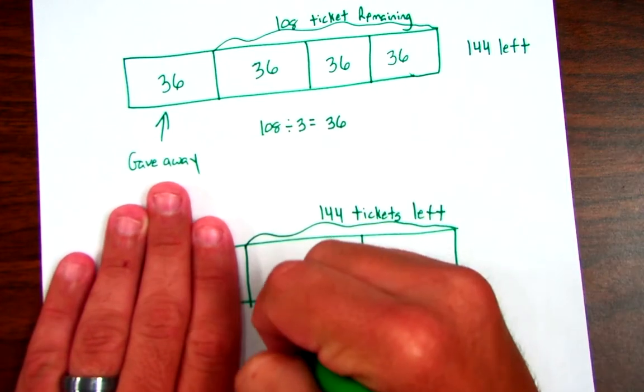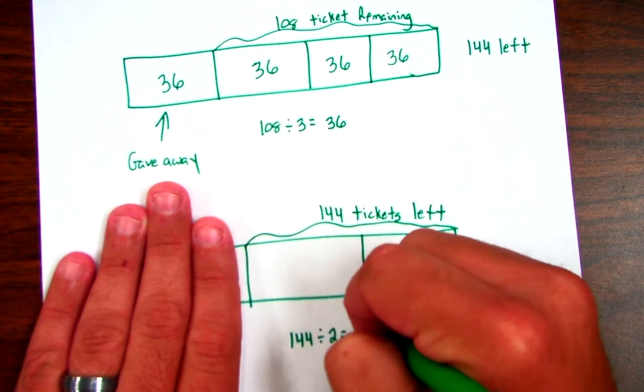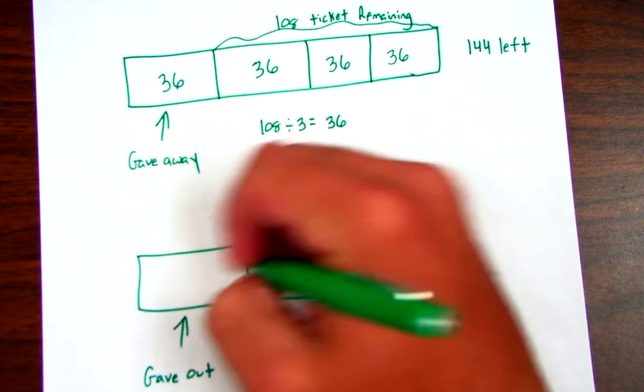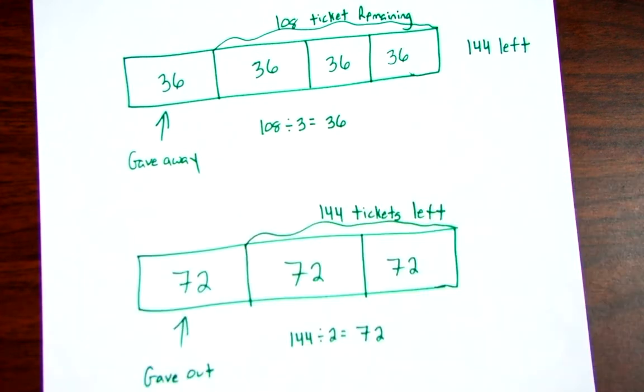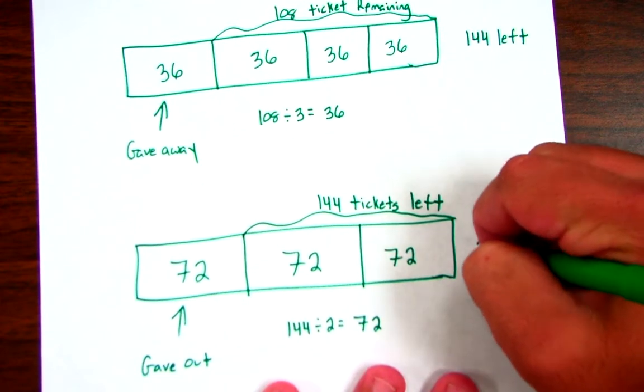So 144 divided by 2 is 72. If you add all this up, you have 216 tickets left.